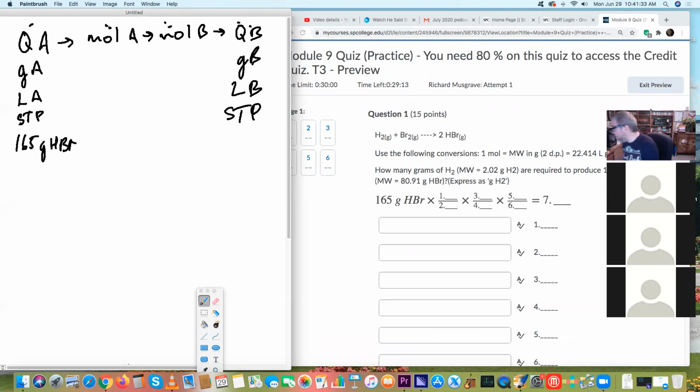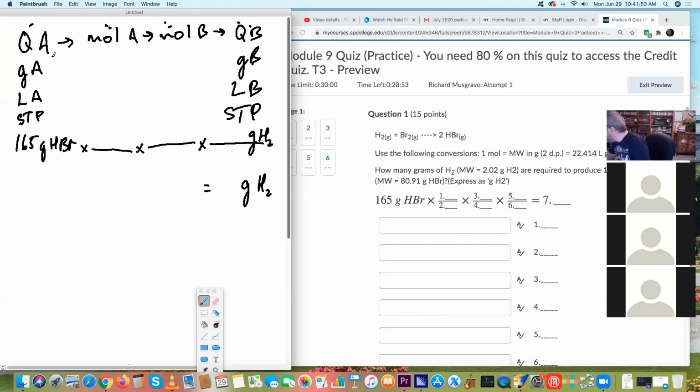So we know that we'll need that number of steps. We can actually see that there as well. But we know grams of H2 is what we want at the end, so we'll have grams of H2 here as well at the end.